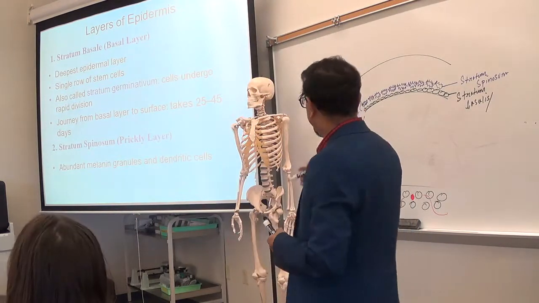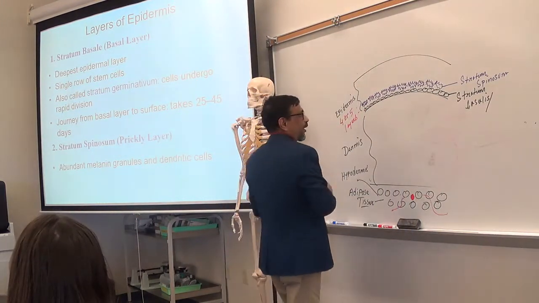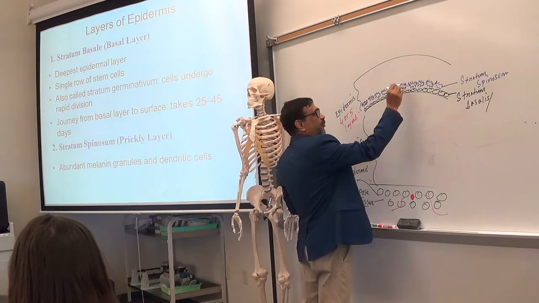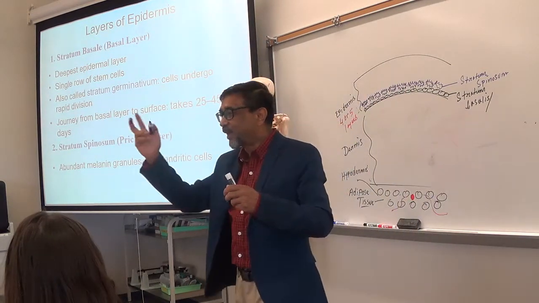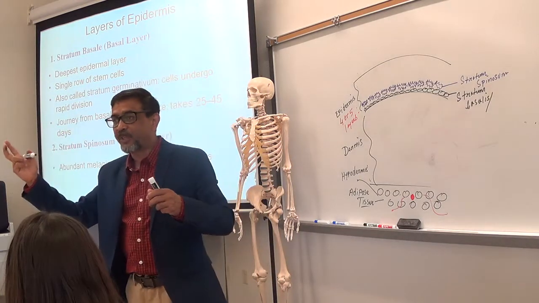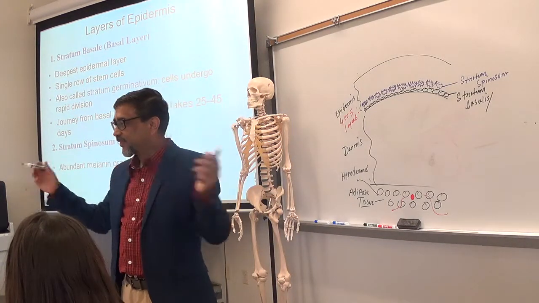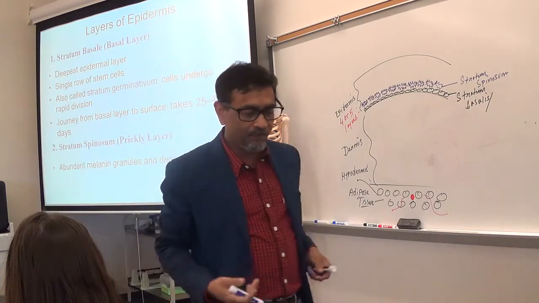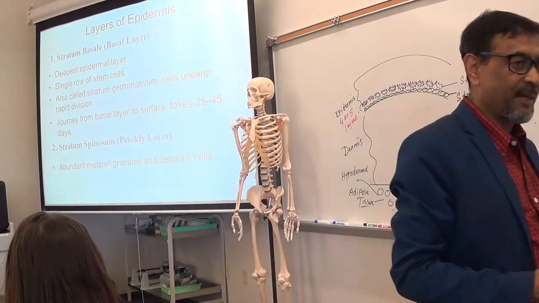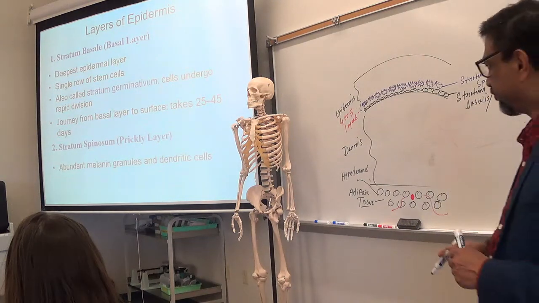So that gives the color of the skin, and so a lot of melanin as well as dendritic cells. You remember I said 2 types of cells provide biological protection: macrophages and dendritic cells. They can engulf, right? So dendritic cells are also present in this layer.